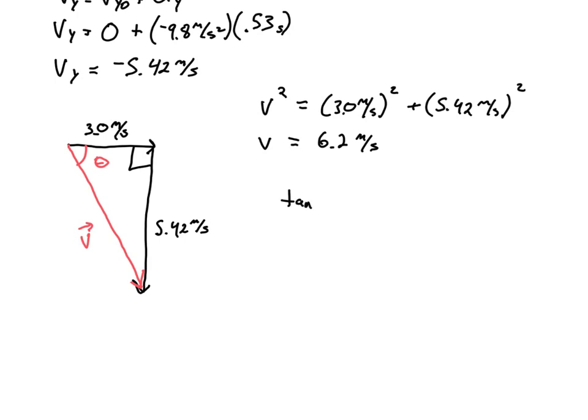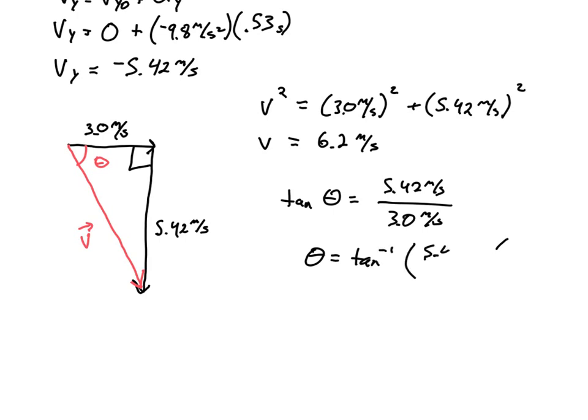Tangent of theta is equal to the opposite side over the adjacent side, 5.42 meters per second over 3.0 meters per second. I want theta all by itself, so I'll do the inverse tangent of both sides. So theta equals the inverse tangent of 5.42 over 3.0, and the meters per second appear on top and on bottom, so those will just cancel out, and leaves us with a unitless quantity on the inside.